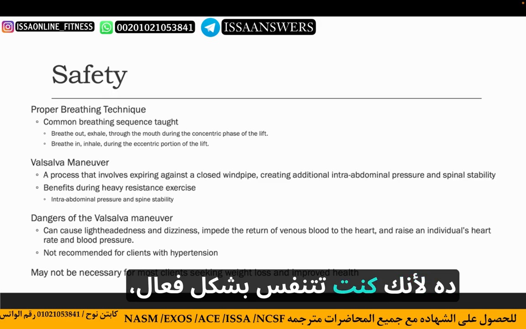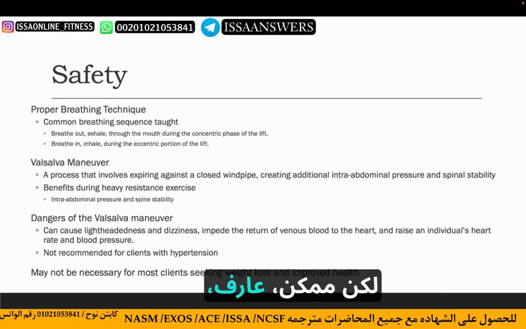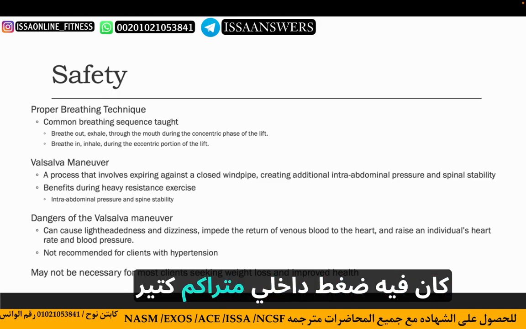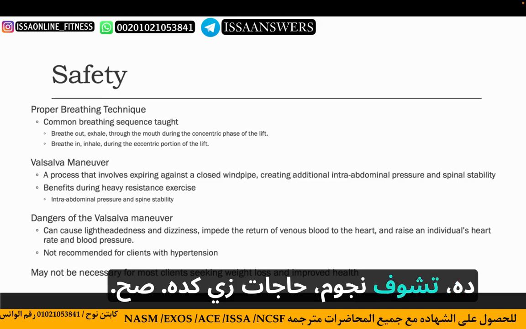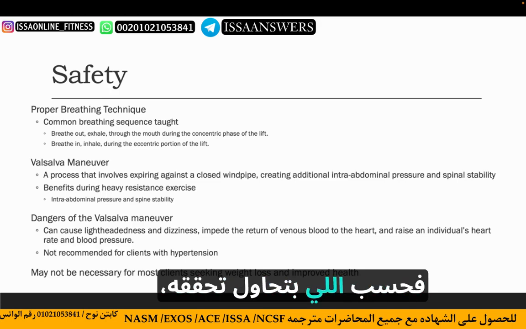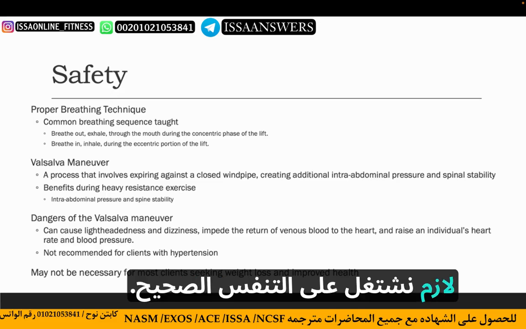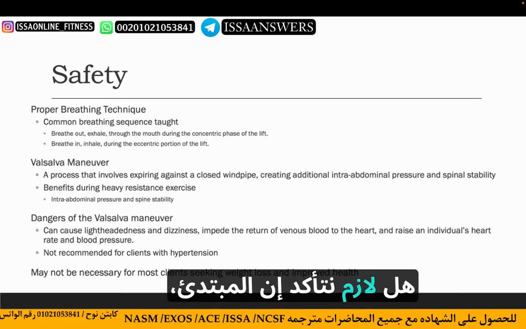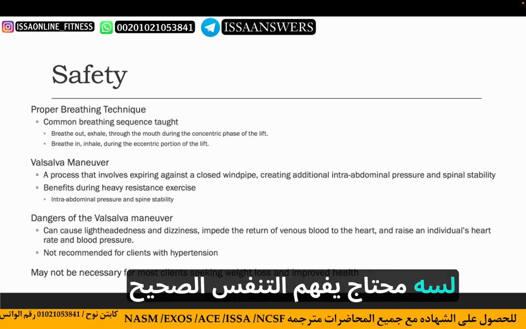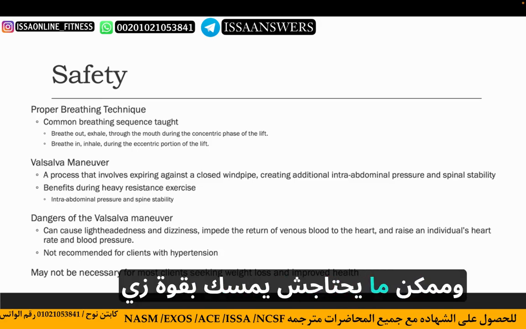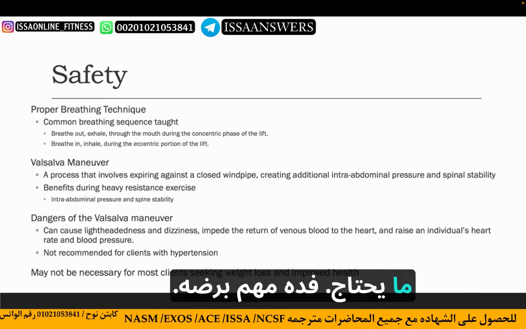It's because so much internal pressure built up that it's causing you to feel that way, seeing stars, things like that. So depending upon what you're trying to achieve, we have to work on proper breathing. A beginner might not need to hold as hard, but they still need to understand the right breathing. That's also important.